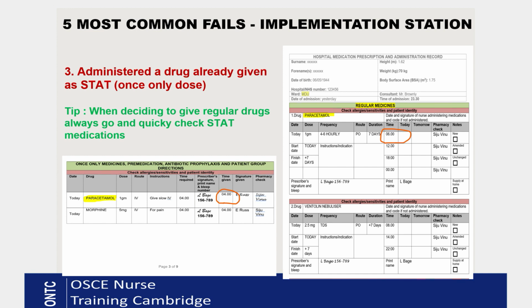So the patient already had that as pain relief at 4 o'clock, but now it comes as regular and is due at 6 o'clock. Obviously it's not safe to give paracetamol unless 4 hours have passed. So you're going to omit that drug, using code 5, which is the stat dose given.